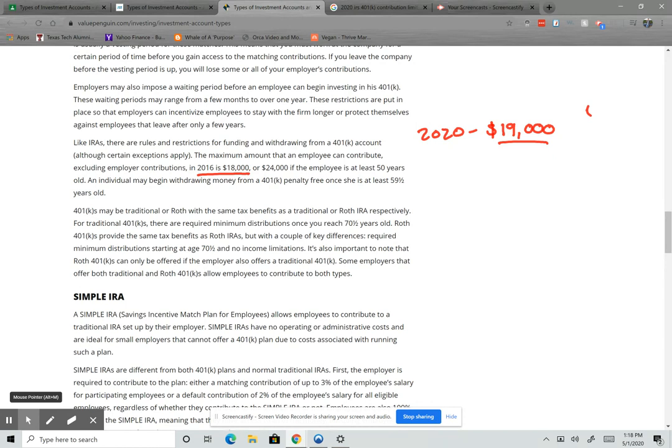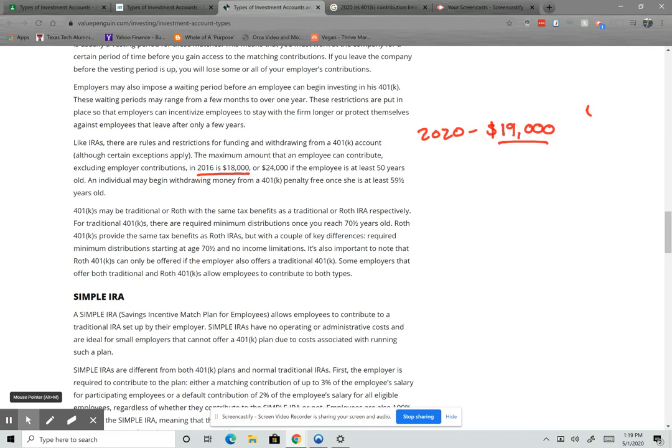Again, keep pre-tax with pre-tax. If you have a Roth 401k, when you change jobs, take that 401k and move it to your Roth IRA. Pre-tax to pre-tax, after-tax to after-tax.